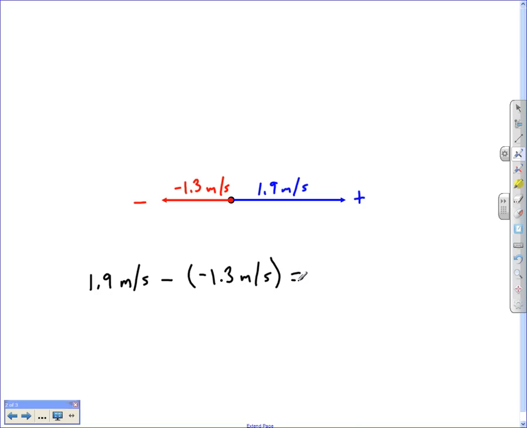This ends up being 1.9 meters per second minus a negative, so this becomes positive, which gives me 3.2 meters per second in the positive direction.